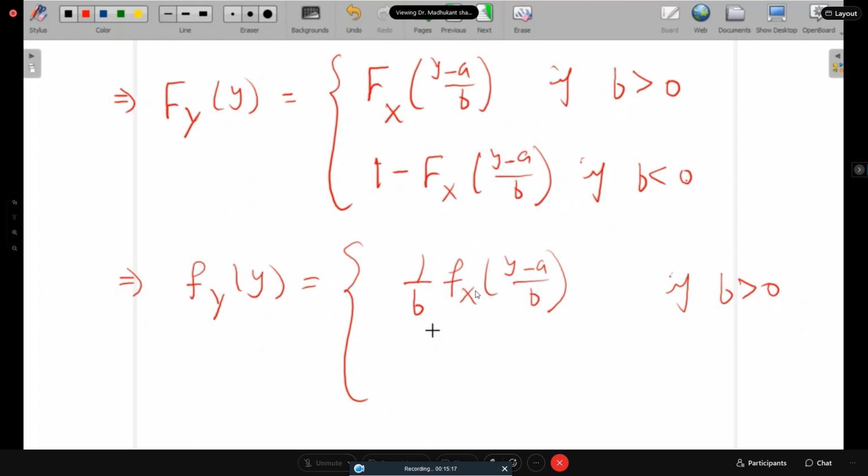Okay, and here it's going to be minus 1 by b times f_X at (y minus a) by b if b is less than 0. So for b less than 0 you have minus b, and if b is greater than 0, it is plus b. And I think now you can combine both of them.